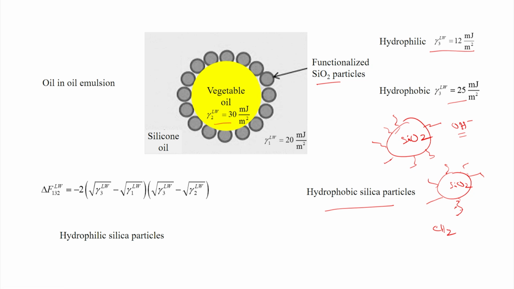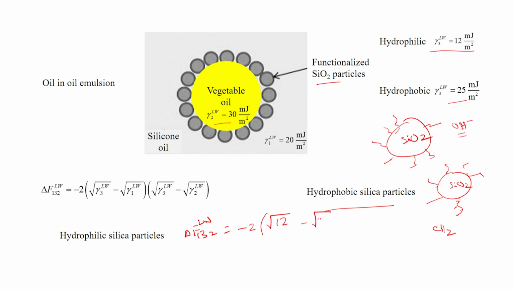So, when we have hydrophilic molecules, delta F132 LW is equal to minus 2 times the square root of gamma 3 LW, where 3 is hydrophilic, so this is 12, minus the square root of gamma 1.